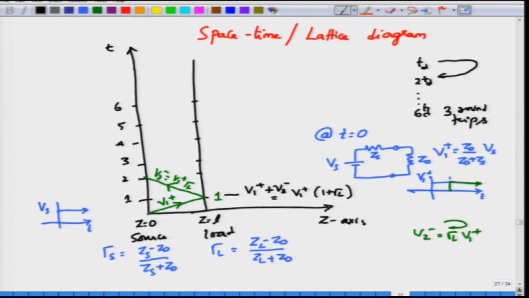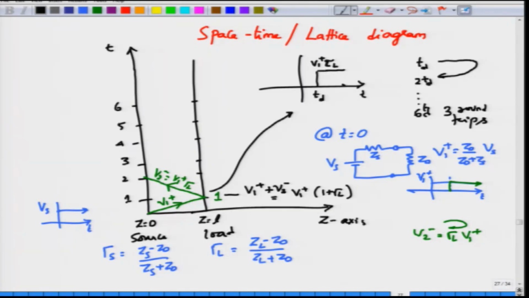If you put an oscilloscope at the load and look at the voltage changes, you will see that the voltage suddenly changes at t equal to Td to a value given by V1 plus times tau L, where tau L is equal to 1 plus gamma L. If you do not like tau L, you can simply calculate the voltage and put the voltage value down there.